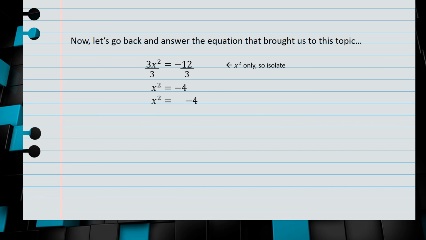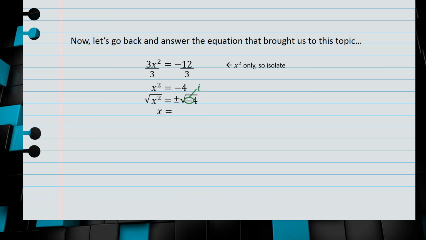As long as what you do to one side, you must do to the other. But don't forget about the plus or minus. Now the square root of x squared does give you x, but on the right side, we now know, since we have a negative under the radical, what letter is introduced? i. And so we have taken care of the negative.